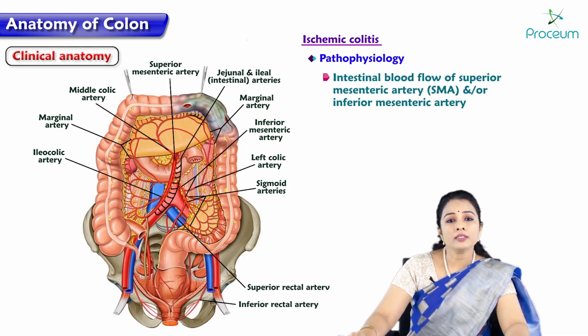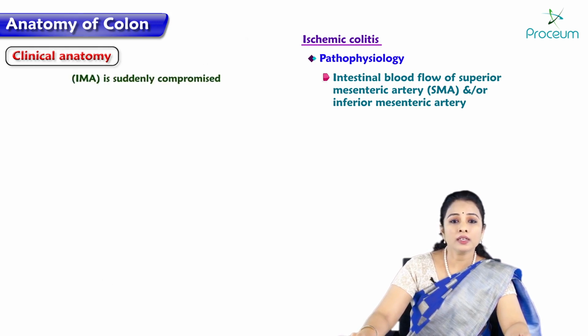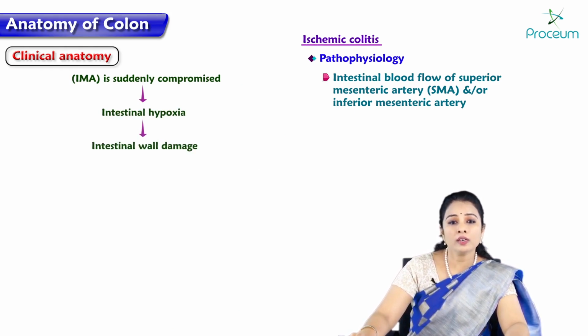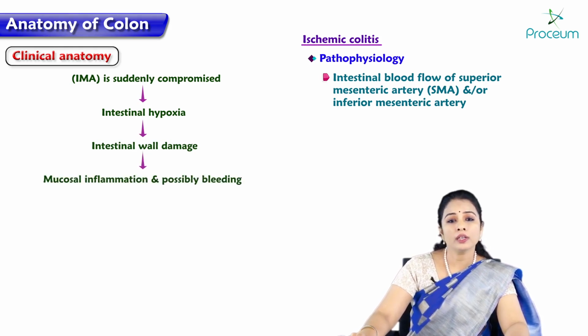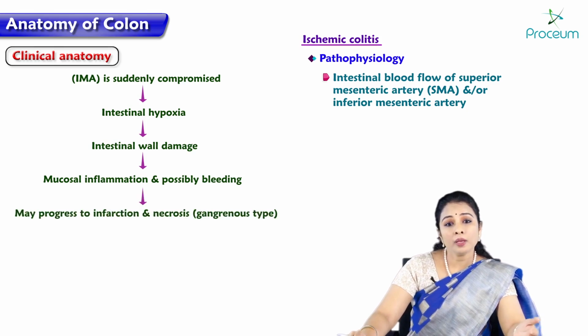Pathophysiology. Intestinal blood flow of the superior mesenteric artery and the inferior mesenteric artery is suddenly compromised, leading to intestinal hypoxia. Intestinal hypoxia results in intestinal wall damage that further causes mucosal inflammation and possibly bleeding. It may progress to infarction and necrosis, which is the gangrenous type.